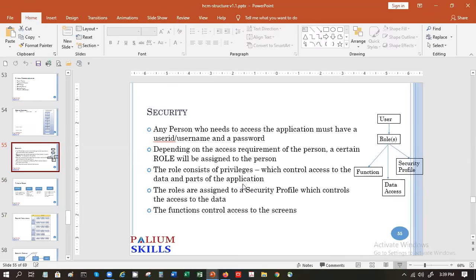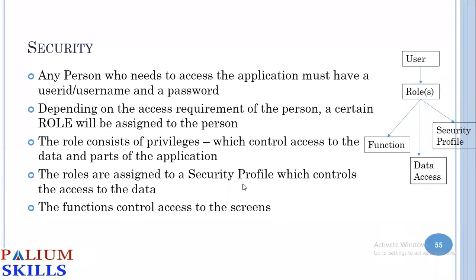So if you look at how the thing is defined, any person who needs to access the application must have a user ID and a username and a password. And depending on the access requirement, roles will be assigned to that person, one or many roles.